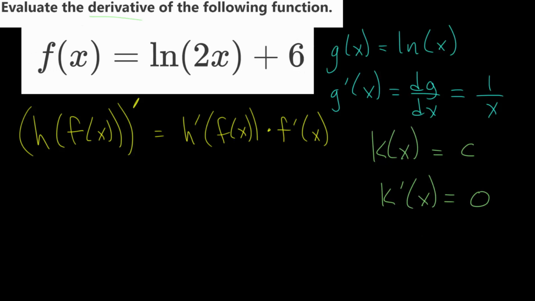So now, looking at our function here, this f of x, let's first start by just rewriting it. We have that f of x is the natural log of 2x plus 6, and we'll take its derivative.